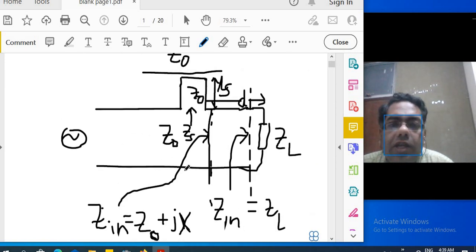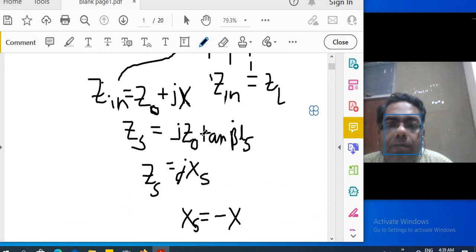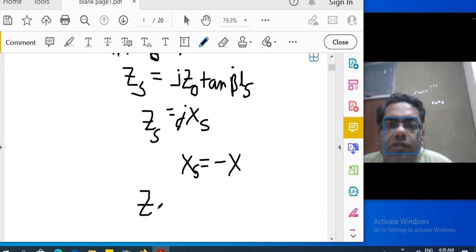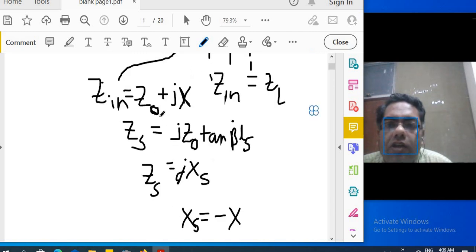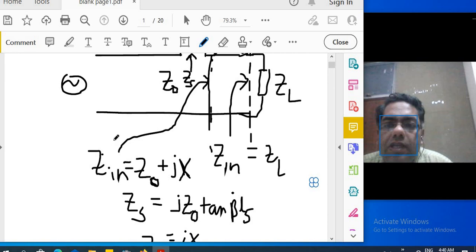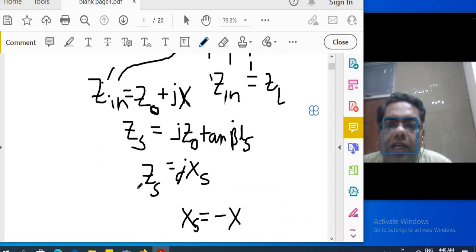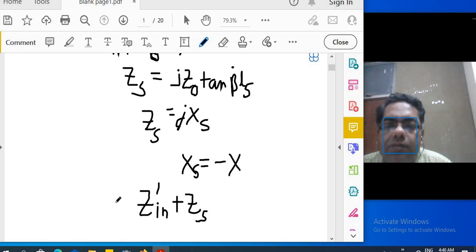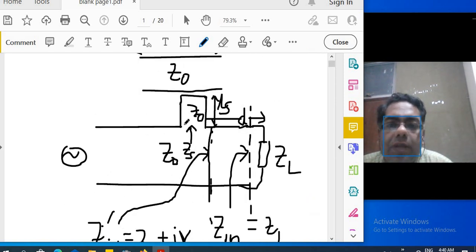Here my input impedance is Zin, and I am connecting one stub in series. That means the input impedances will be added. Suppose I call this input impedance Zin dash. So Zin dash plus ZS will give us the total input impedance at this plane.